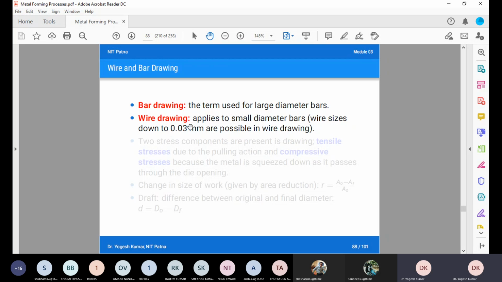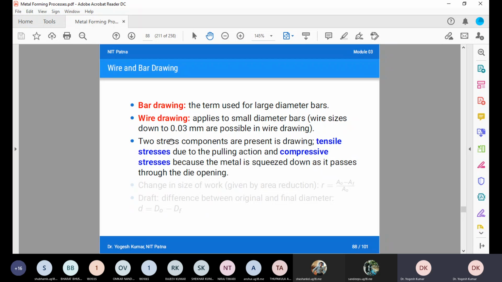Under drawing, we have two stress components that are present. One is tensile. Tensile stress is generated due to the pulling action, as we are pulling your workpiece or your wire through a die opening.